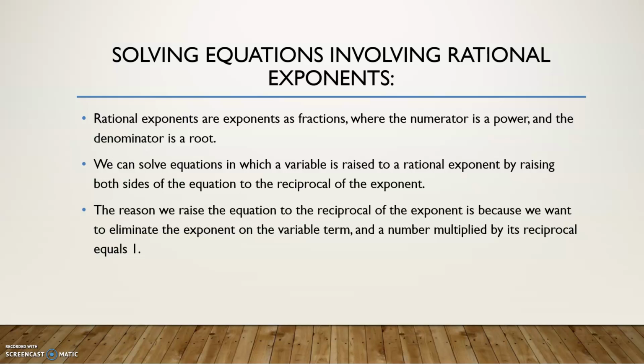So say we took 2 thirds times its reciprocal, 3 over 2. Well, the 3's cancel, the 2's cancel, and you're left with 1. So what we would have is a variable raised to 1 instead of a fraction.